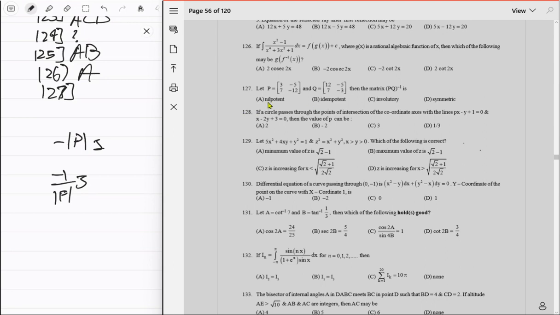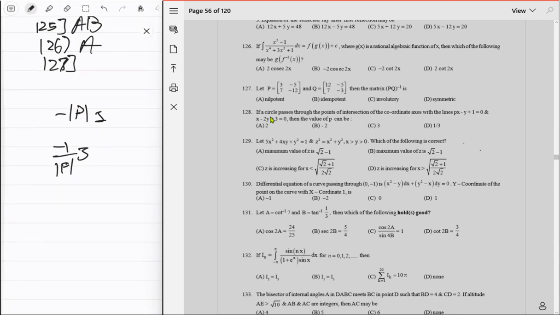So nilpotent, no, okay, that's not going to happen, unless the determinant is 0, which doesn't actually make sense because negative 36 plus 35. No, it's not 0, so it's idempotent, I square equal to I. No, in fact, because, yeah, it doesn't work. Involutory.